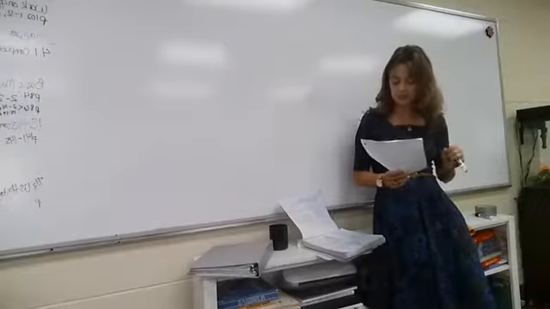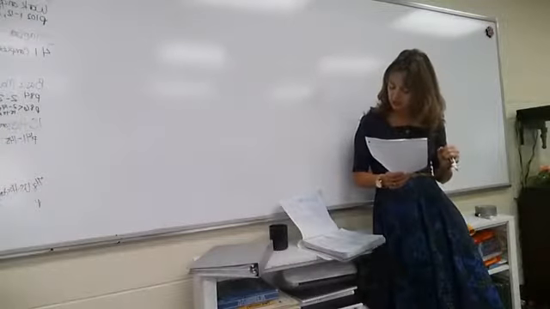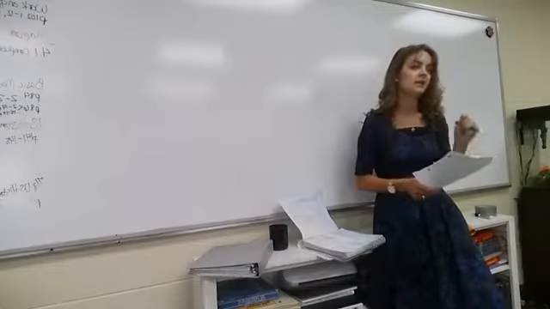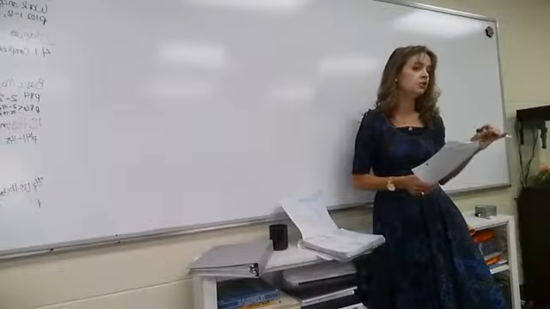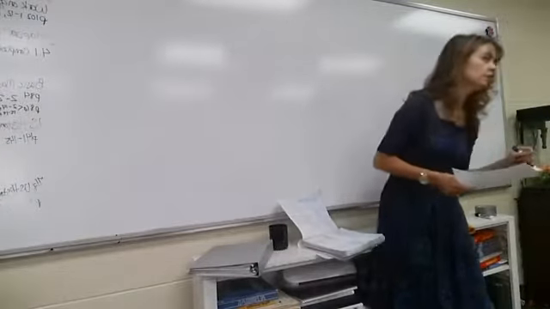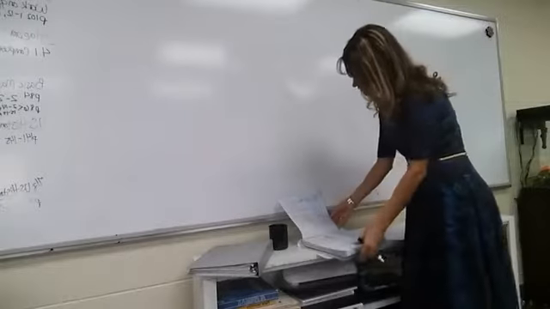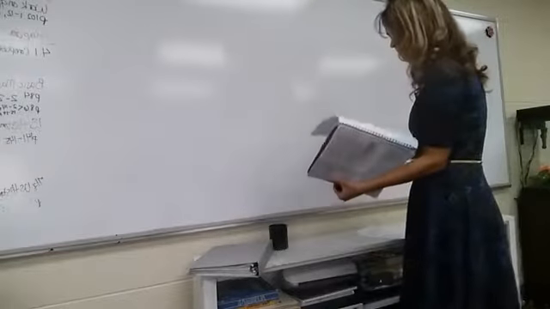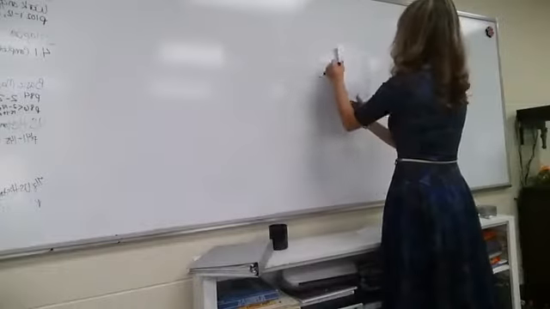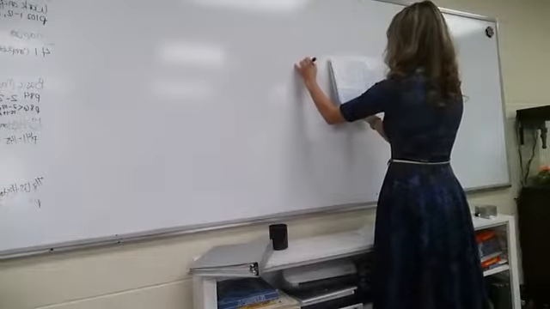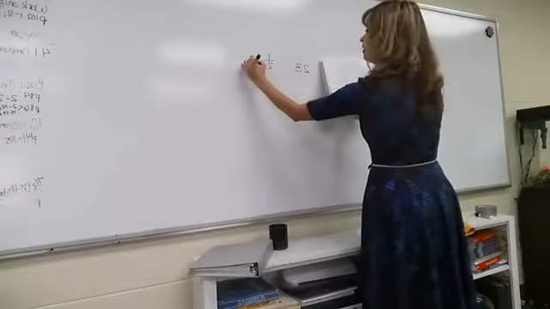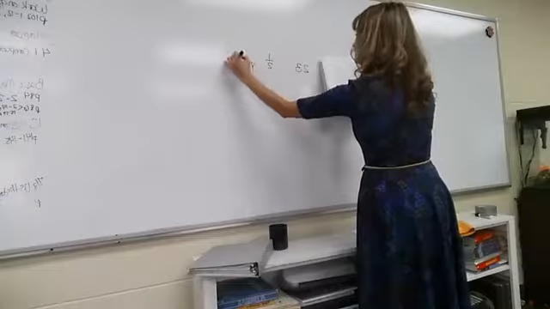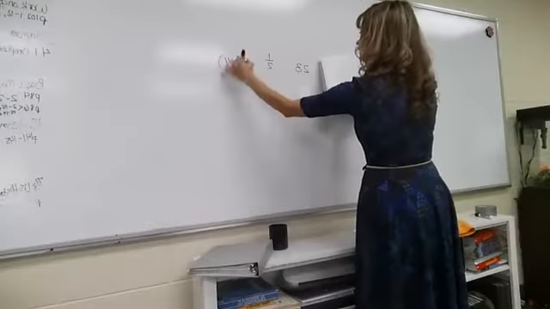What I want you to do is take just a couple seconds, and I want you to try to determine, without me telling you a step, just pretending as if this were the exam, I want you to pretend that number 23 is on the exam and you're sitting there trying to figure out what to do with number 23. Number 23 says, the slope is 1 over 2 and the y-intercept is 0, 4.